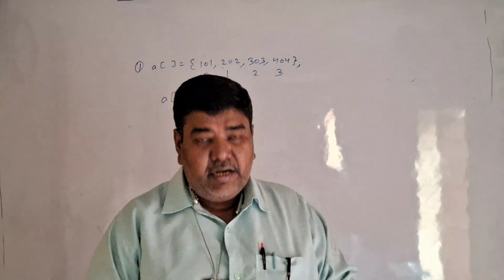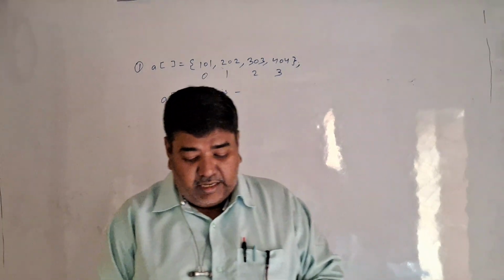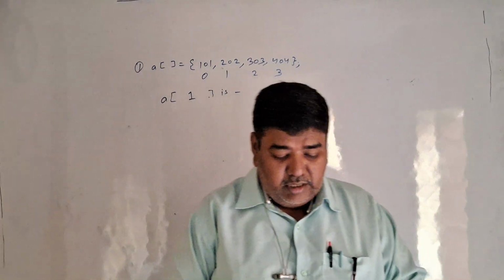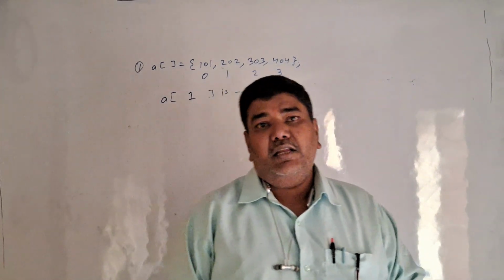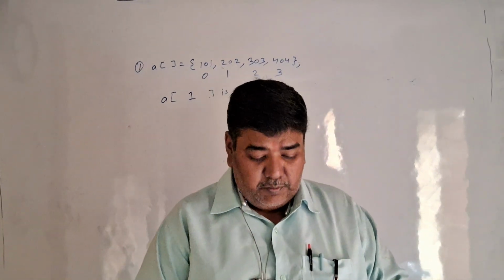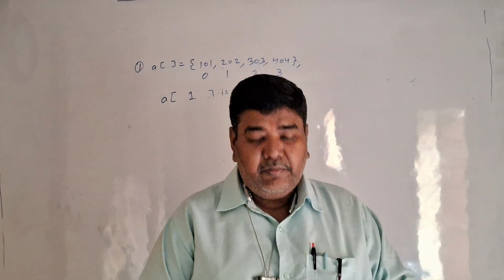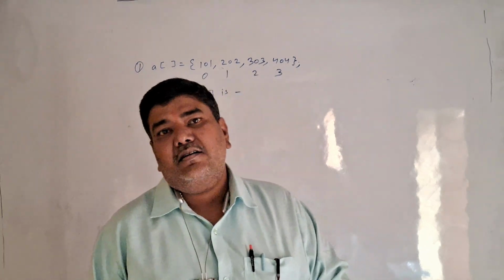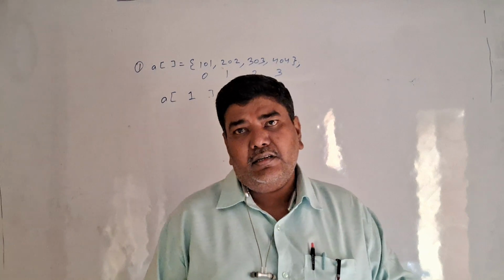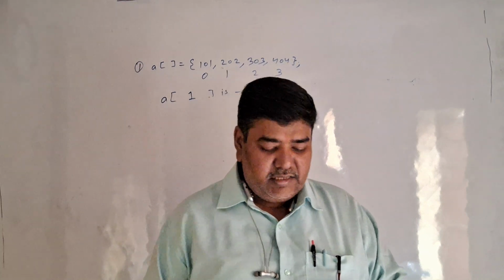Again, one question related to assertion and reason. Assertion: to initialize the data members, we need to invoke the constructor. Invoke means call. So it is true. Reason: a constructor is a member method. This is also correct. Obviously, it is a method only and it is a member also of the class.